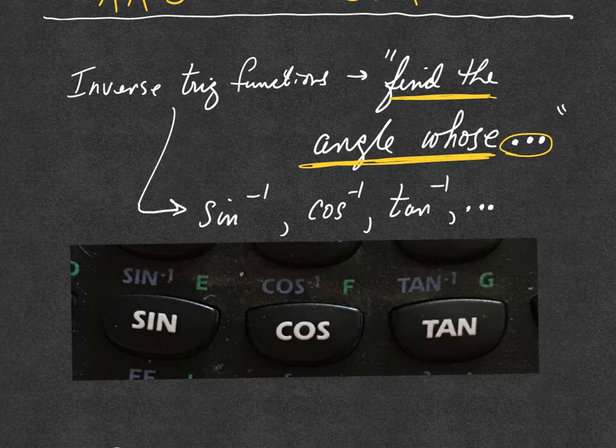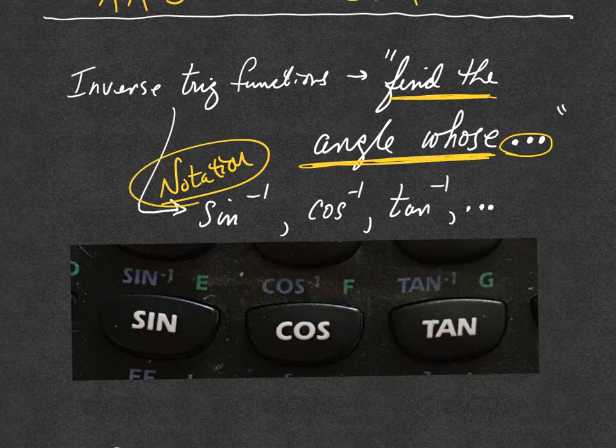And so the notation that we're going to use, and I forgot to write the word notation in here, sorry about that, guys, is any of our 6 trig functions, so sine, cosine, tangent, cosecant, secant, cotangent, with the little -1 superscript attached.